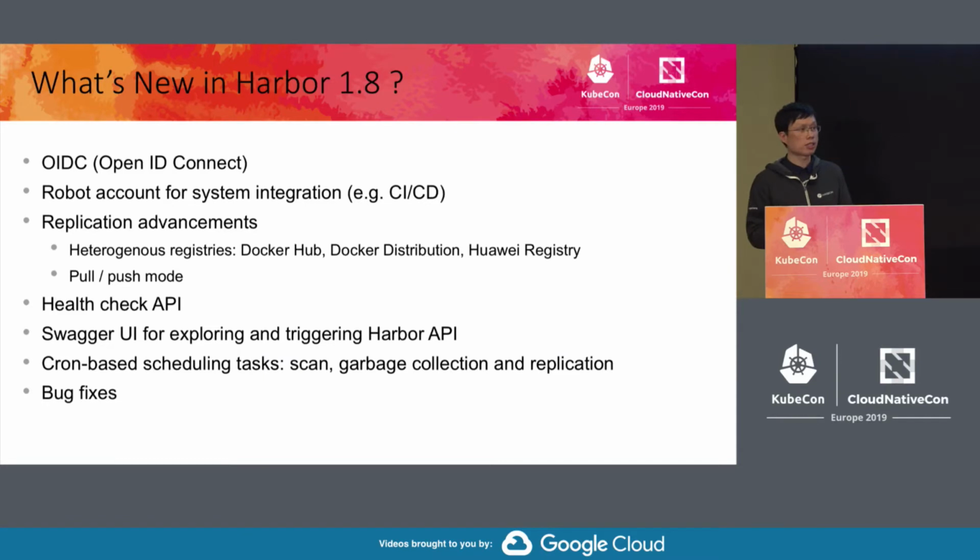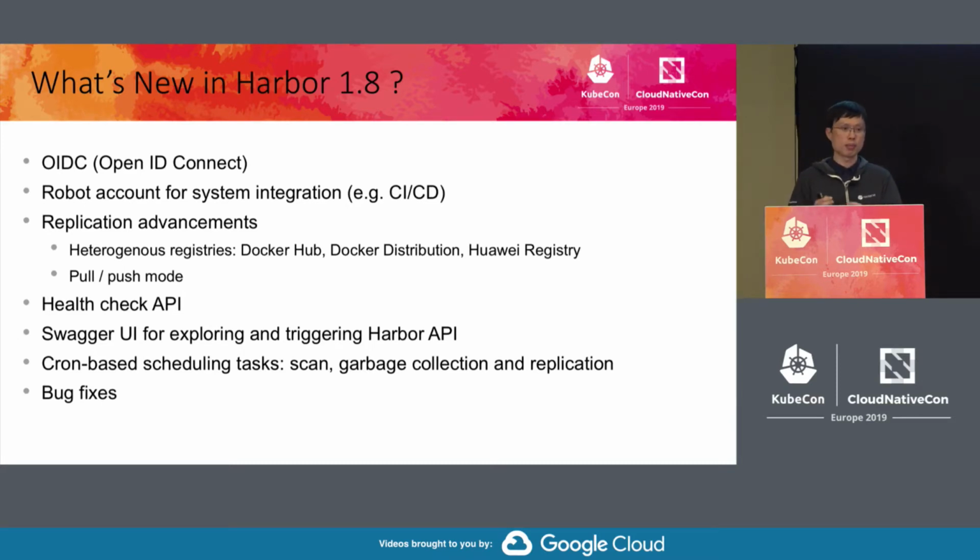With the announcement this morning in the keynote, I want to highlight some of the new features in this release. One is OIDC, Open ID Connect, which is the most popular way for internet websites to interact with each other. We'll have a demo shortly. Also, the robot account is for integration with different systems.